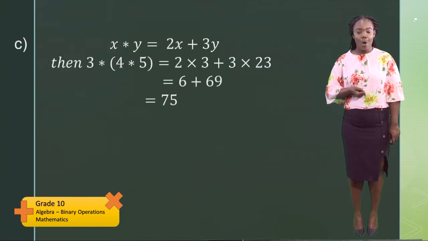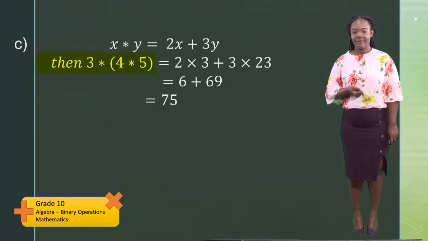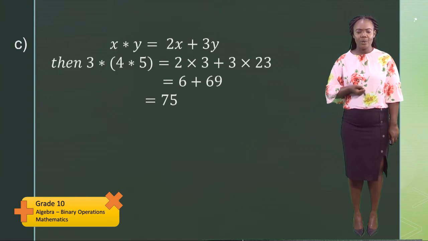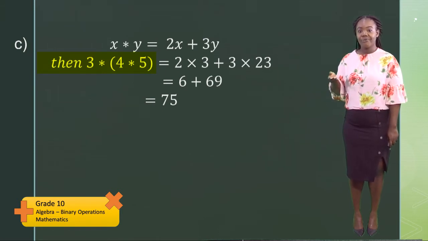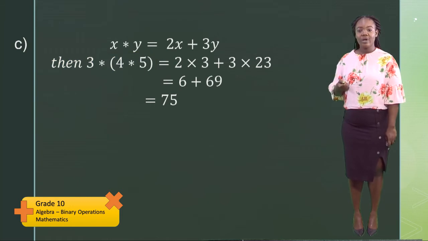The other part of the example asks us to evaluate 3 star 4 star 5. And similar to the one we did before, we already have a value for 4 star 5. So now that we know that, we simply substitute. In this case, our x value is 3 and our y value is 4 star 5. We already know that 4 star 5 is equal to 23.